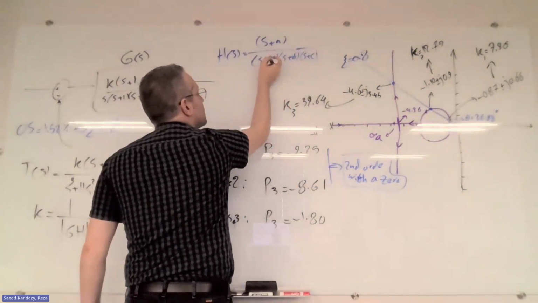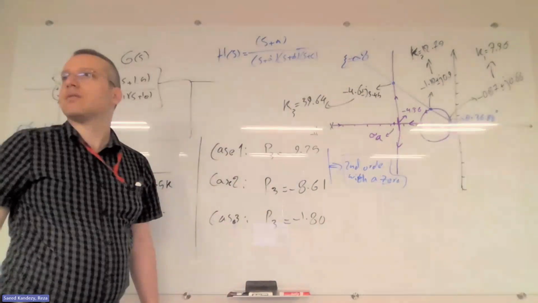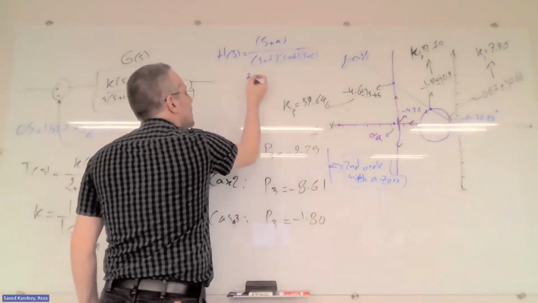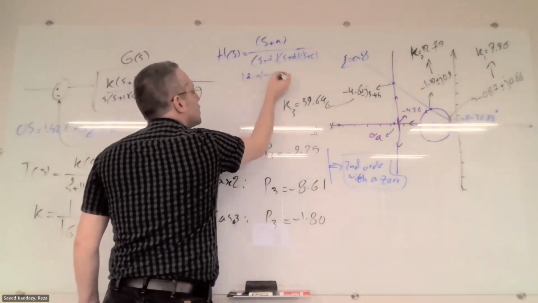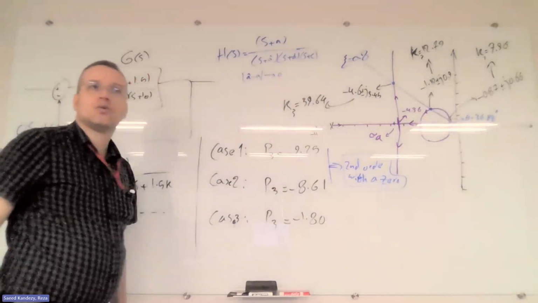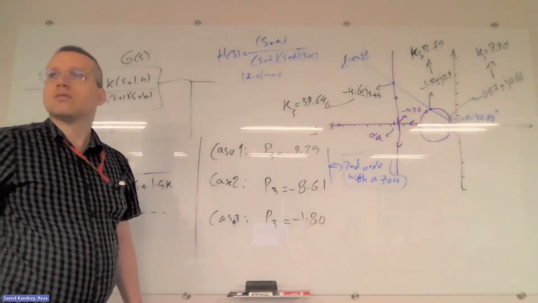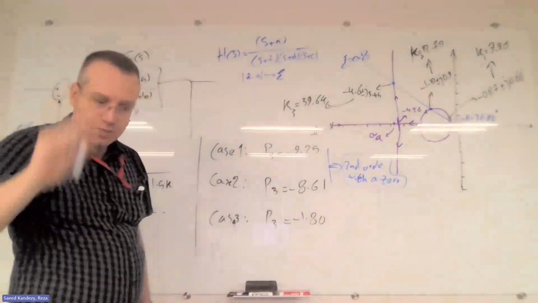And we have an s plus a hat. When a hat is very close to a, or let's say it's epsilon, I don't want to say zero, it's a very small number.